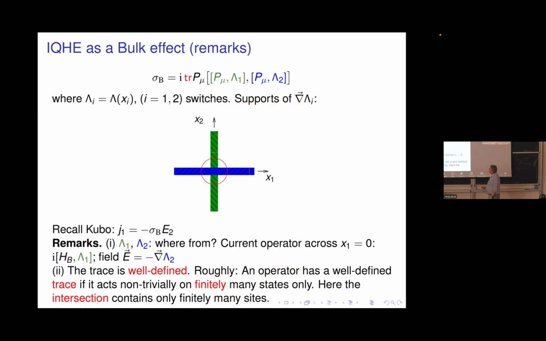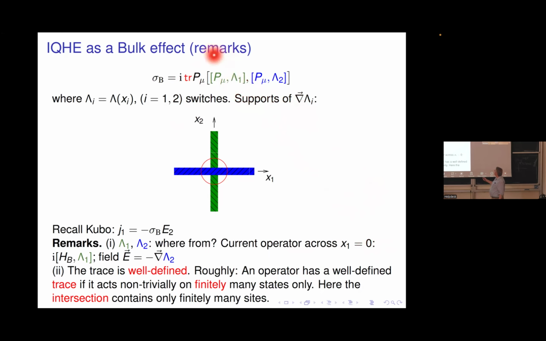And the other thing is, why is this well defined? Roughly, I told you that an operator has a well-defined place if it acts non-trivially on only finitely many lattice points. So suppose there is a lattice here, and there are lattice points, and therefore vectors in the Hilbert space associated with states localized all over, here and there. They will all contribute to the trace, but effectively only a few do. Which ones?